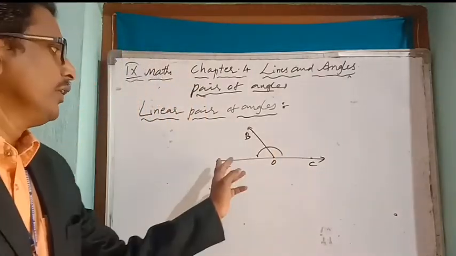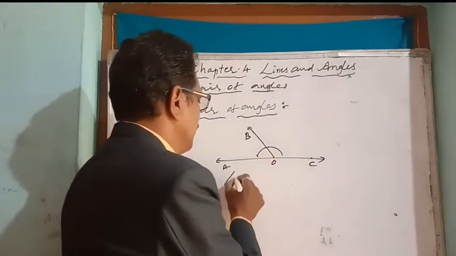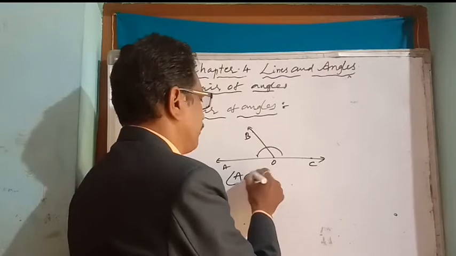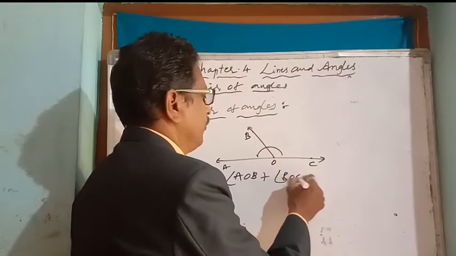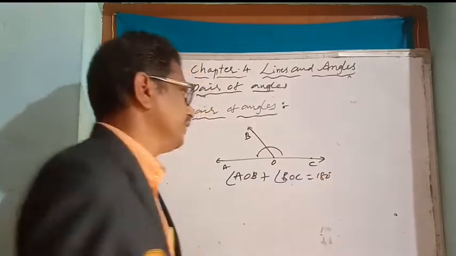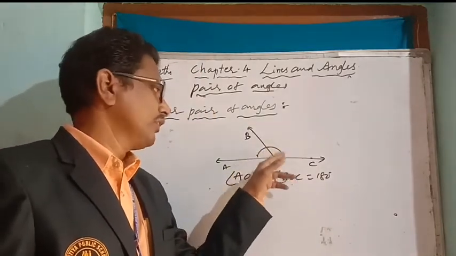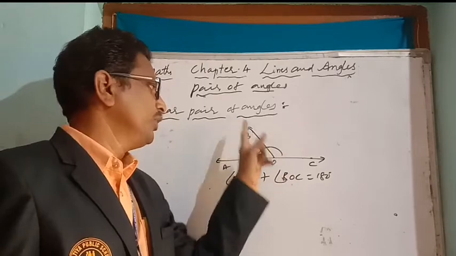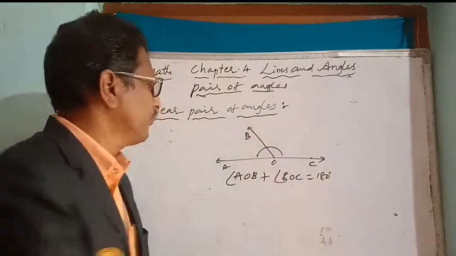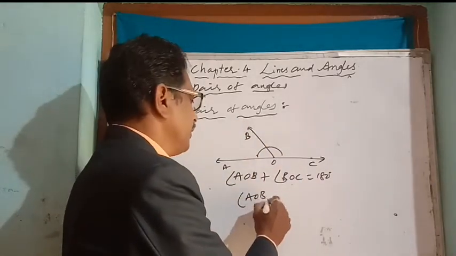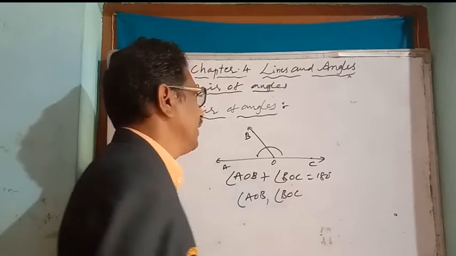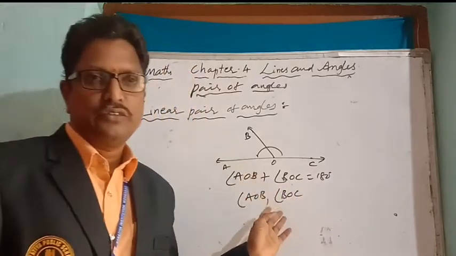Now see here, angle AOB plus angle BOC equals 180 degrees. Why? This is a straight line. On a straight line, the sum of all angles equals 180 degrees. Therefore, angle AOB comma angle BOC are called a linear pair of angles.